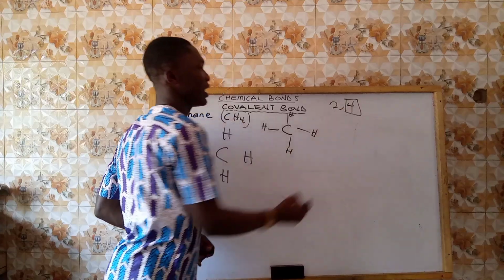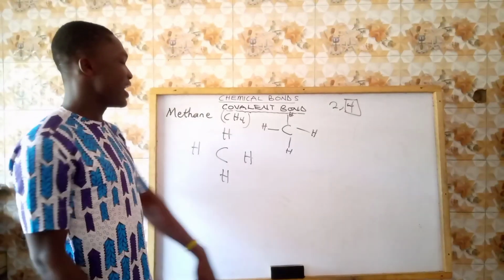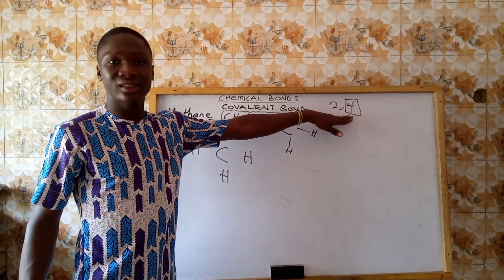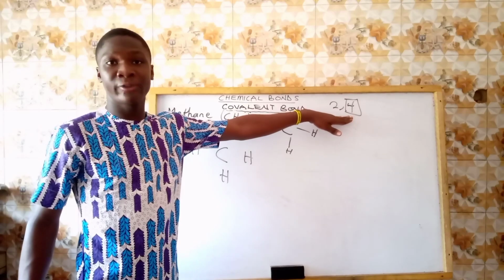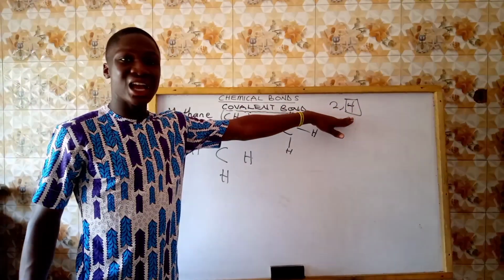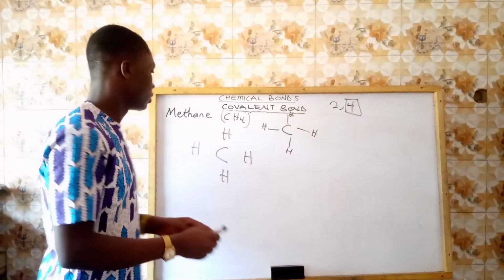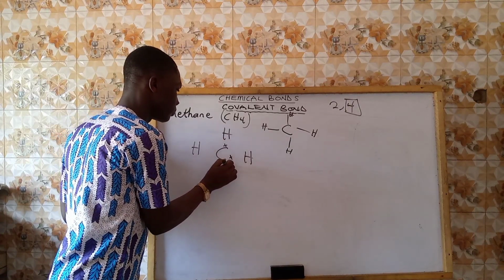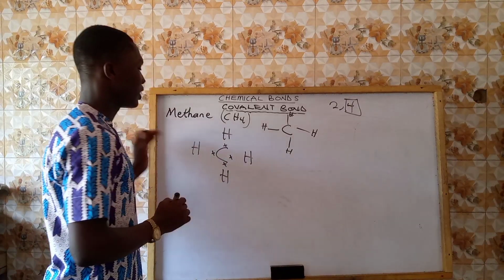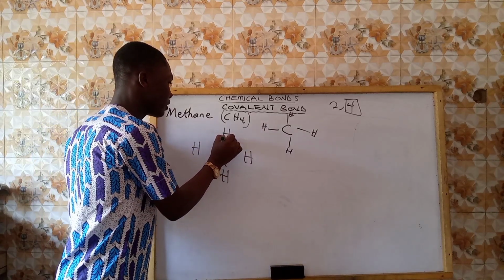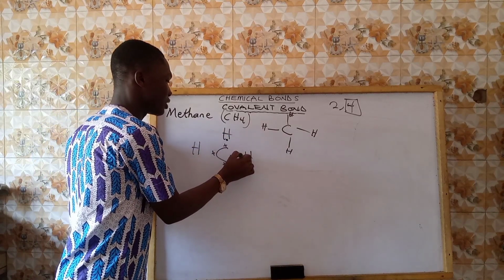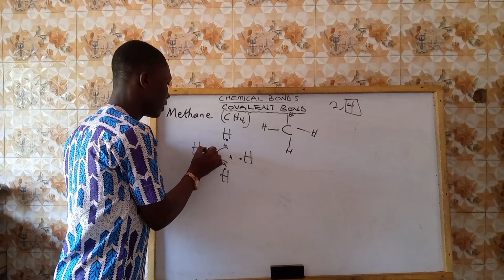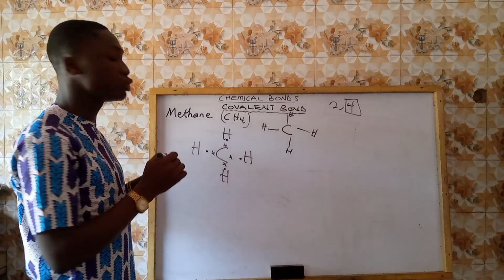So 4 electrons in the last shell. It has to get 8 electrons for it to become stable, to fulfill the octet rule. Since it has 4, it needs 4. So now it has only 4. 1, 2, 3, 4. And each H has only 1 electron in the last shell. Only 1 electron. So now what do they do?